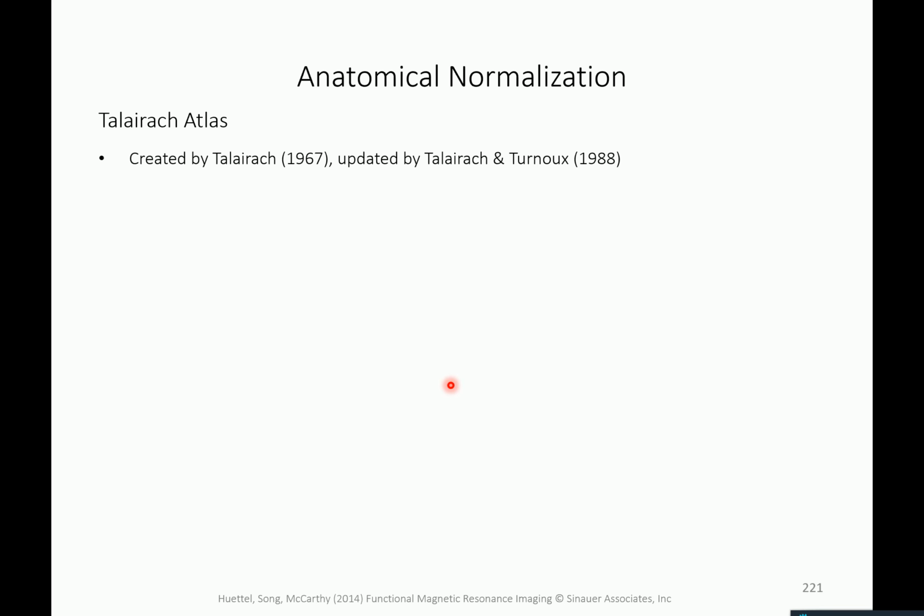So it is an atlas that describes the names of brain areas based on a single brain, and it has labels for brain areas in the sagittal, coronal, and axial sections.